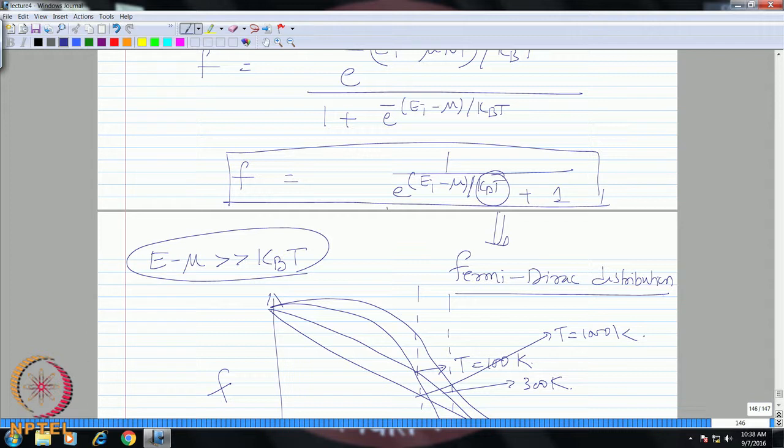Compared to 1, the exponential of this term will be very large, and therefore, you can simply write this as e power minus E minus mu by kBT, right. So, what is this? This is your Boltzmann distribution function. So, for the limiting case of E minus mu much greater than kBT, your Fermi Dirac distribution reduces to the Boltzmann distribution function.